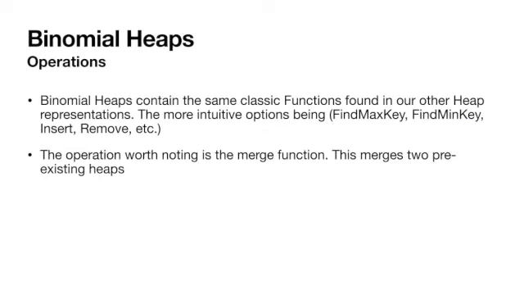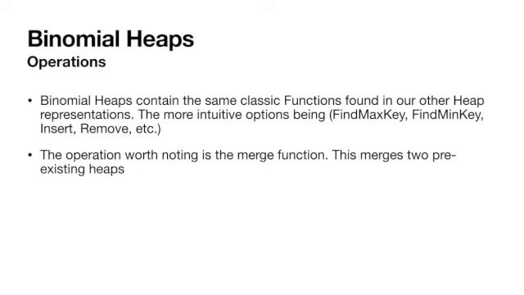For binomial heap operations, binomial heaps contain the same classic functions found in our other heap representations, and if you remember from our textbook, those can be generalized to find max, find min, insert, remove, and so on. These are the normal operations that we would use in conjunction with heaps or even binary trees.